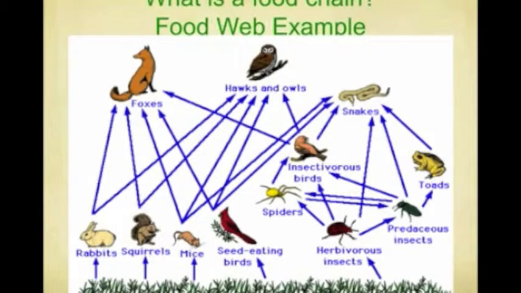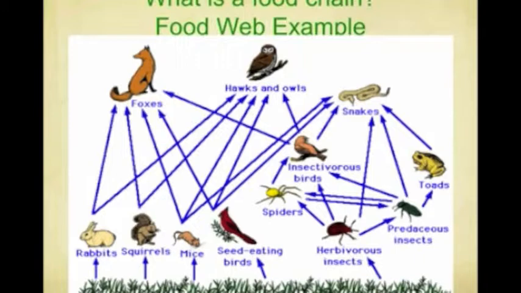So a food chain is the simplest example of energy relationships in an ecosystem. A food web tries to be a little bit more specific and tries to show the energy relationships in an ecosystem in a more accurate way.